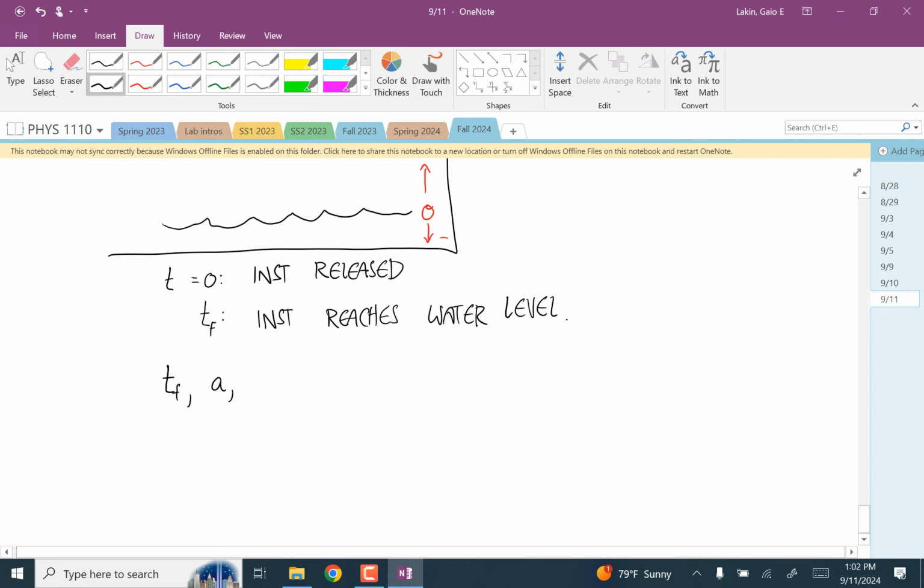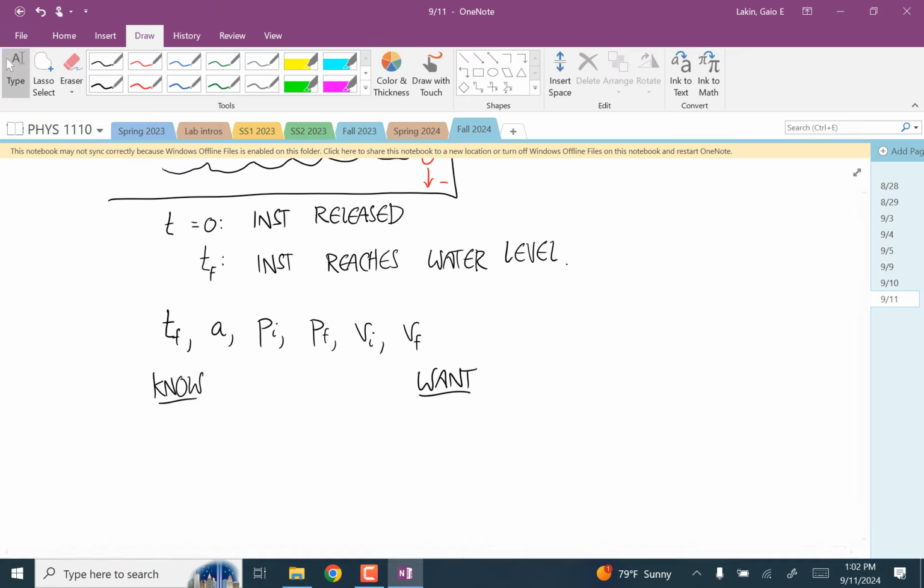So here's the list. Okay, TF, do we know what the stopwatch says when we turn it off? Yep, we're given that that is equal to 1.2 seconds.